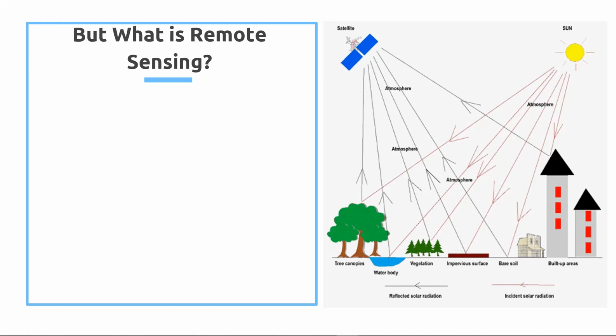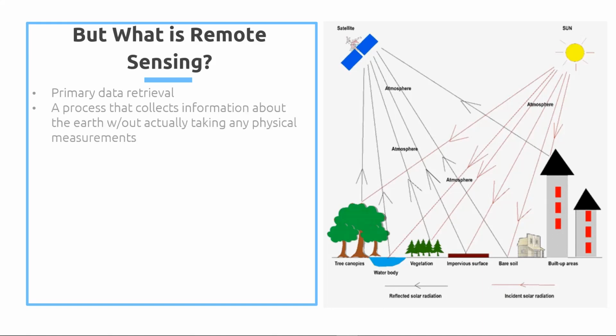Yeah, so that's part of it for sure. It's about capturing some sort of physical data or physical occurrence in the world. Radar is one type of remote sensing that's pretty common and probably one of the older types. Satellite imagery, aerial photography. This is a type of primary data retrieval, but essentially what it's doing is collecting information about the Earth without actually taking any physical measurements.